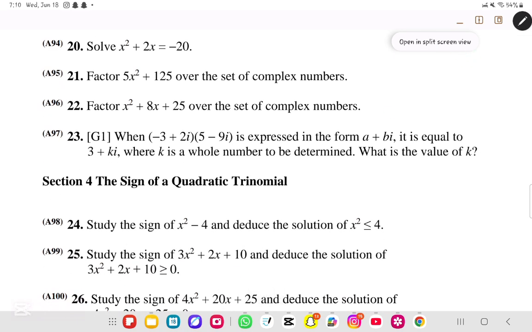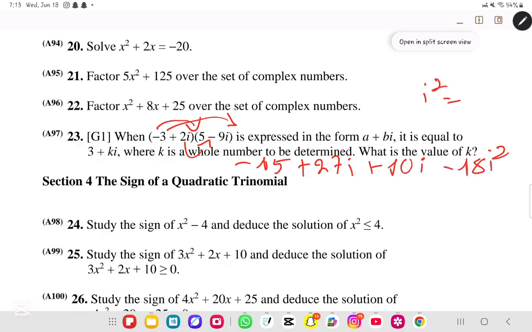When (minus 3 plus 2i) times (5 minus 9i) is expressed in this form, it is equal to this. So very simply, you just need to multiply as if you're multiplying anything. So minus 15 plus 27i, then plus 10i minus 18i squared.